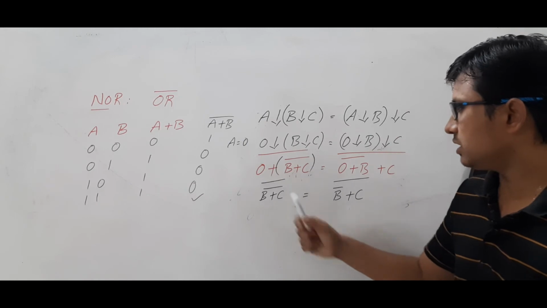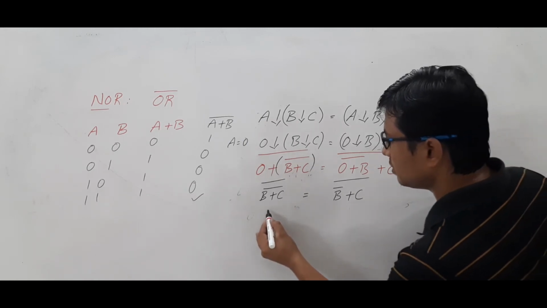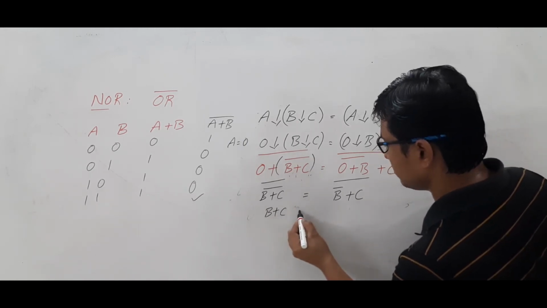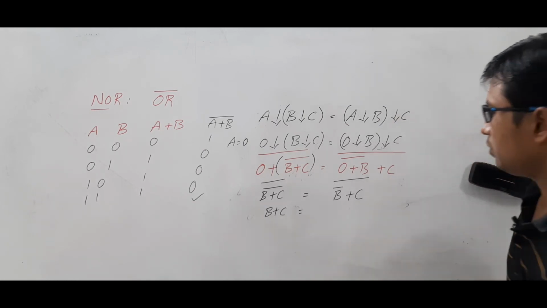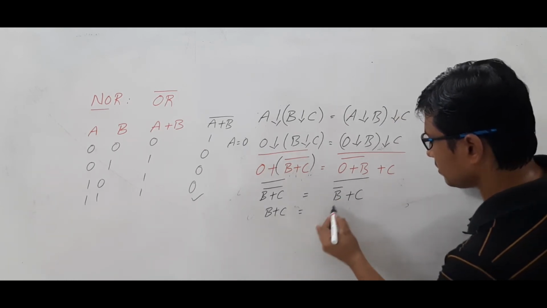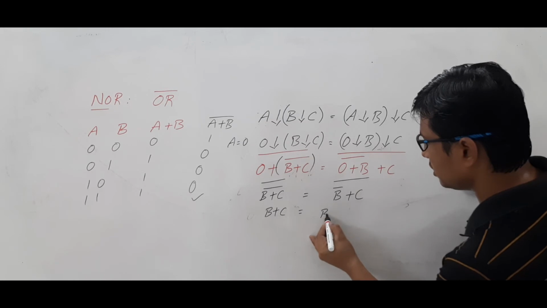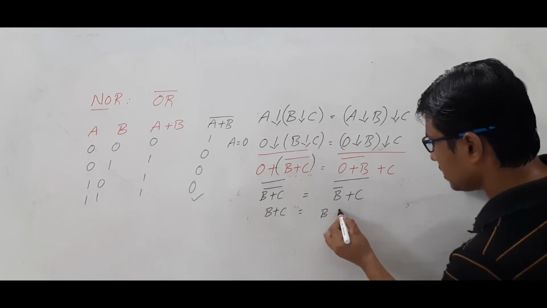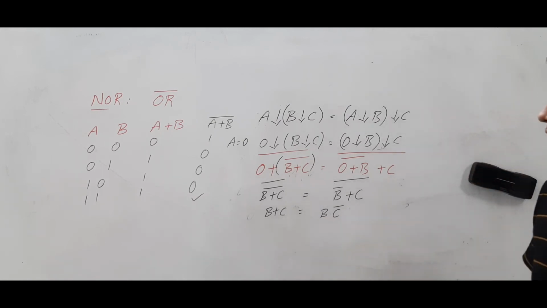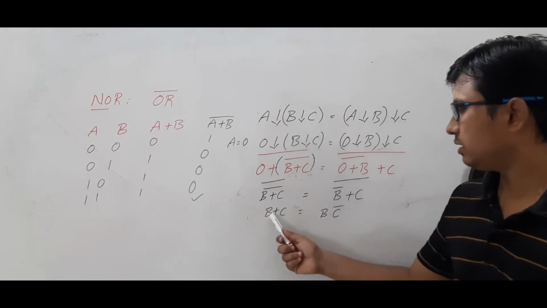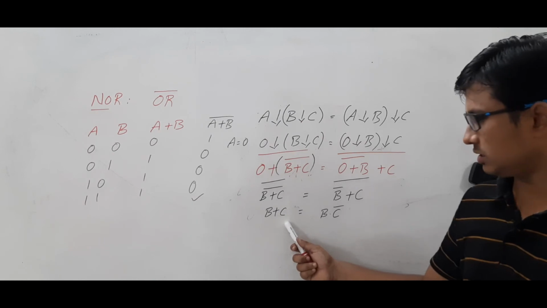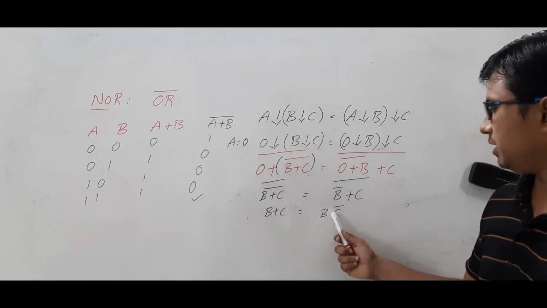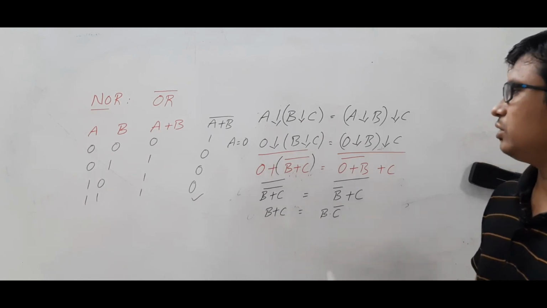Now you see that this is equal to B plus C. So if I apply De Morgan's law, this will be equal to (B and C') whole complement. Whether these two are equal, this is saying B OR C, and this is saying (B AND C) whole complement.